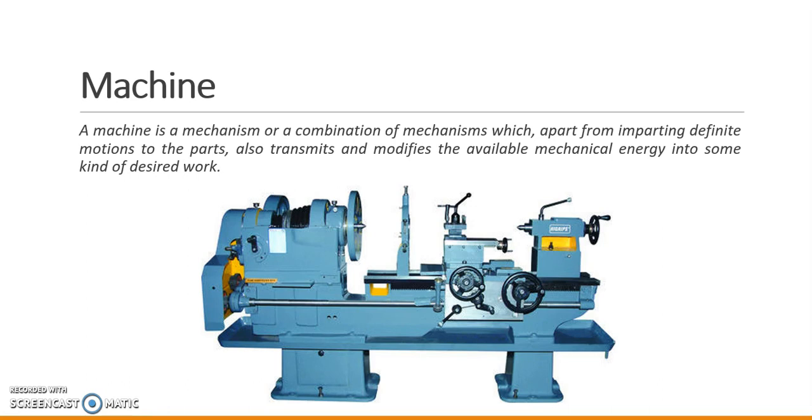Now what is the difference between machines and mechanisms? Mechanisms are not able to transfer power from one point to another, but machines are able to transfer power from one point to another, and in this way we complete the whole task.